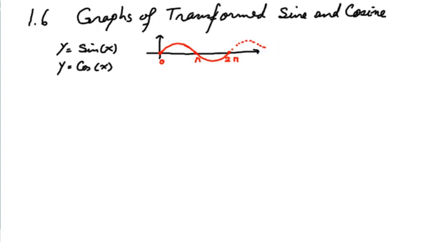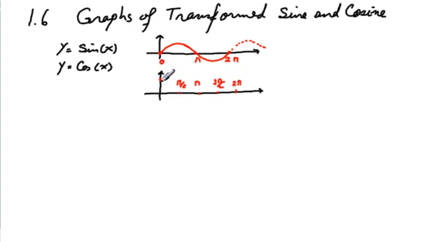For cosine, we had a similar picture, except that at the start we are starting at the high 1. At pi over 2 we hit 0, so here's pi over 2, here's pi, 3 pi over 2, and then 2 pi.